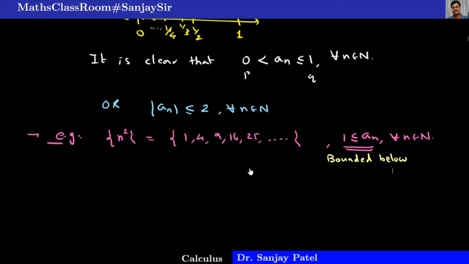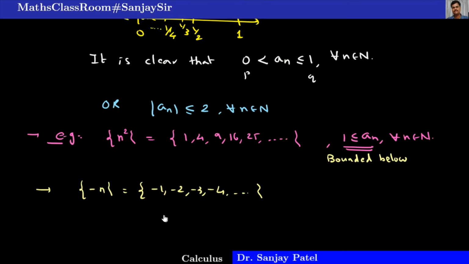We can have a sequence which is bounded above but not bounded below. For example, let us take this sequence, say minus n. Then for this sequence, we have the elements minus 1, minus 2, minus 3, and so on. So it is clear that these terms keep on decreasing.